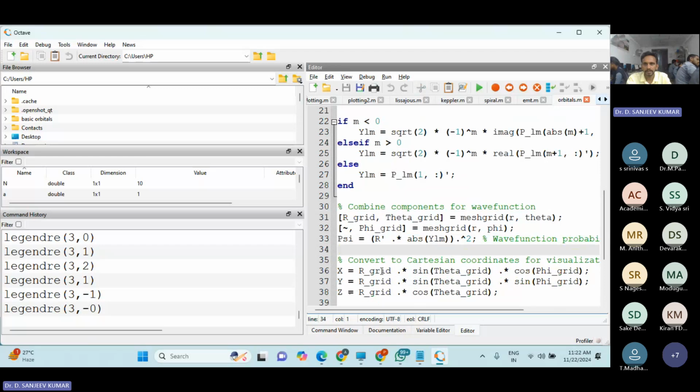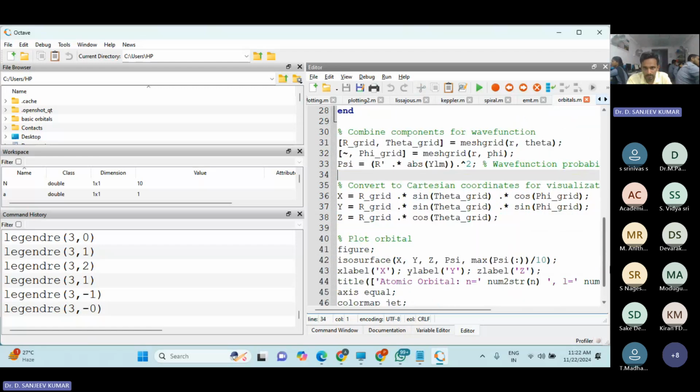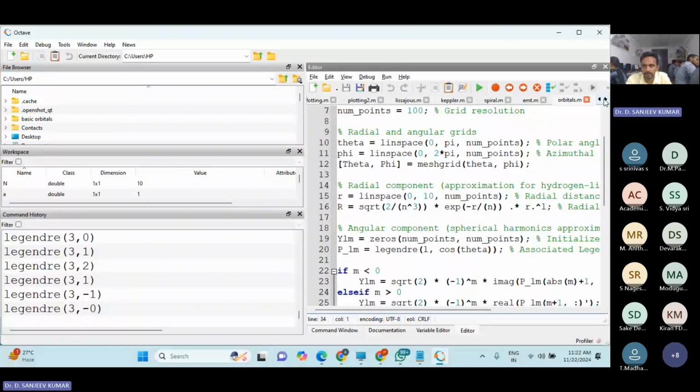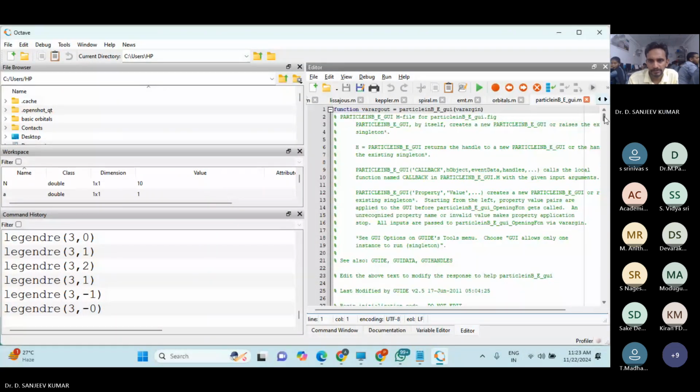So X component is R sine theta cos phi, Y component is R sine theta sin phi, Z component is R cos theta. So with these inputs, we can plot various shapes of orbitals. And there is a well sophisticated MATLAB file already available on MATLAB website.